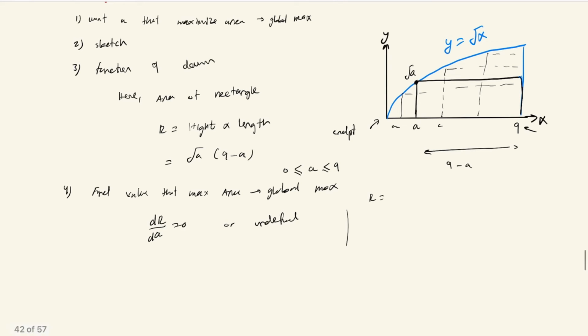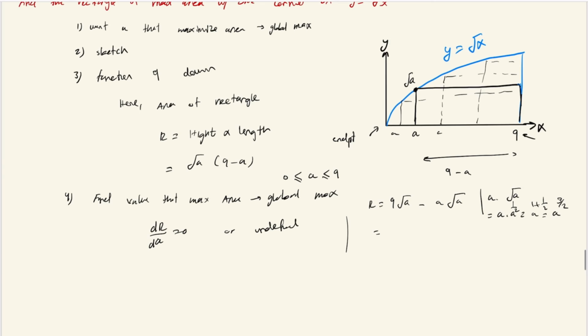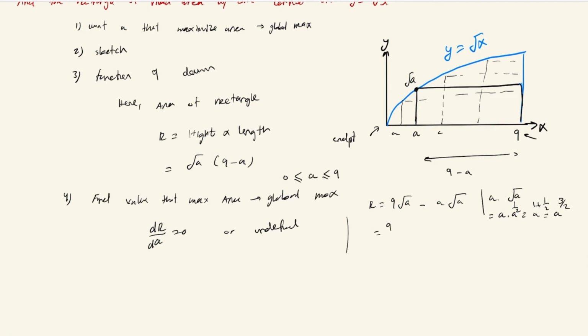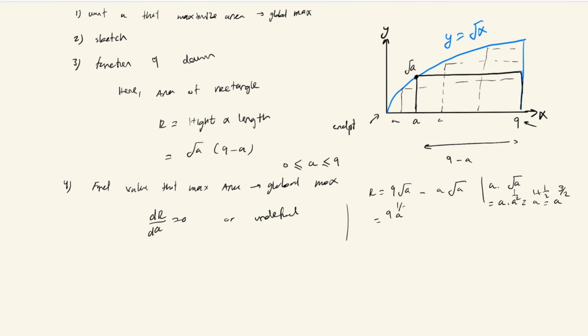So again, r is 9 minus a times square root of a. I'm going to distribute the square root to the inside, and then notice that the second term, a times square root of a, can be written as a to the 1 plus half, which is a to the 3 over 2. Now r can be written as 9a to the half minus a to the 3 over 2. I changed the square root to the power half.